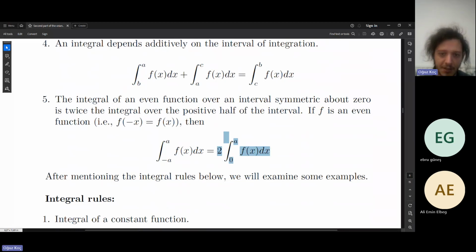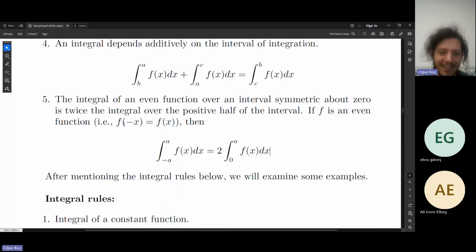We can get the same result by estimating these bounds or limits. Since this is minus a and this is a, we can calculate it like this here.